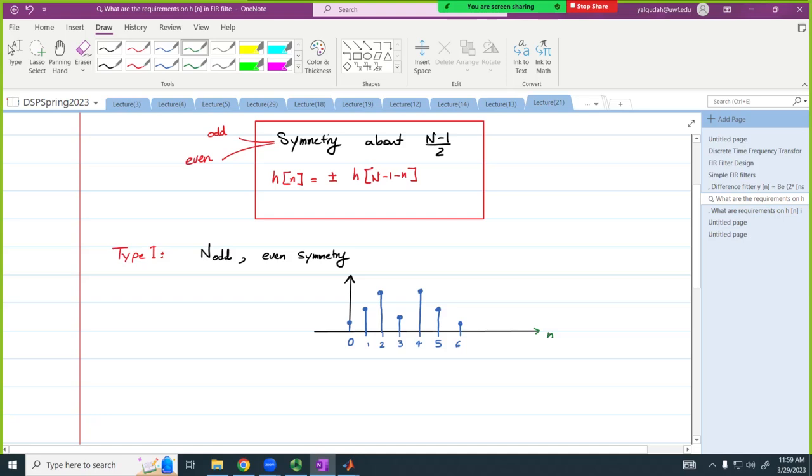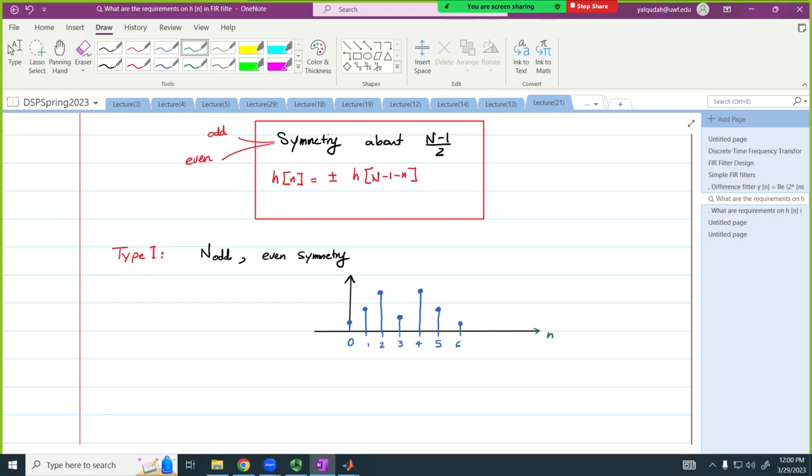What do you notice about this filter? What is N? 7. Yes, because we're starting from 0. So N is odd, and I have even symmetry around the middle, which is N minus 1 over 2, which is 7 minus 1 over 2, which is 3. There is a symmetry around n equal to 3.